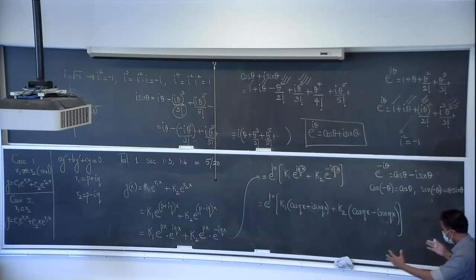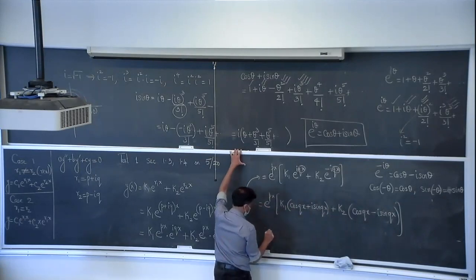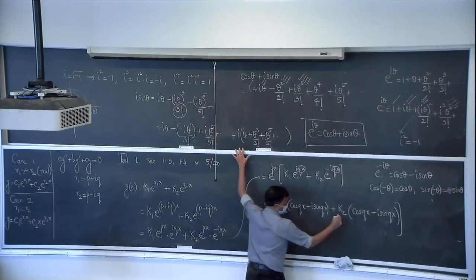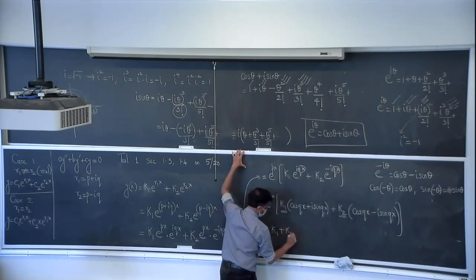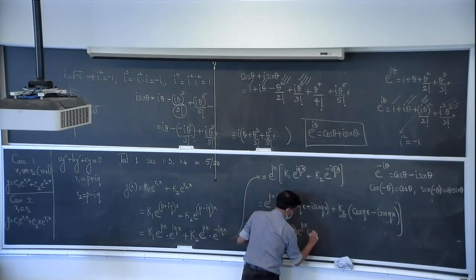Now let's try to separate this in an efficient way. If I keep my i terms and the non-i terms together, this is going to give you k1 plus k2 times e to the power of px times cosine qx.